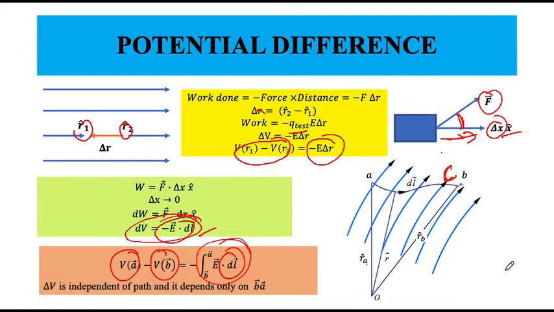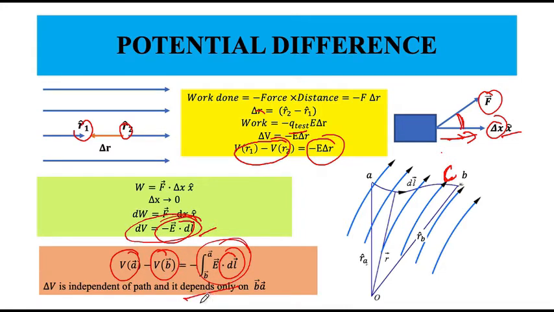Now there are certain very easy consequences that we can find out. One of the things that has happened here is that the left hand side is actually a scalar, okay, and for the electrostatic field that we are considering, this line integral or path integral is completely independent of the path that you have chosen.